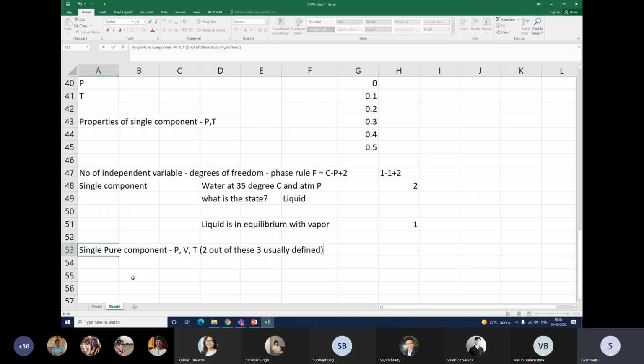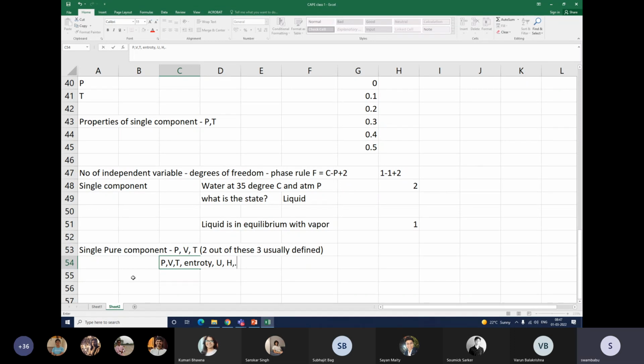We should not think that it is only pressure, volume, temperature. It could be anything: pressure, volume, temperature, entropy, internal energy, or enthalpy. Any two properties we define, we'll be able to estimate the properties of the single component.